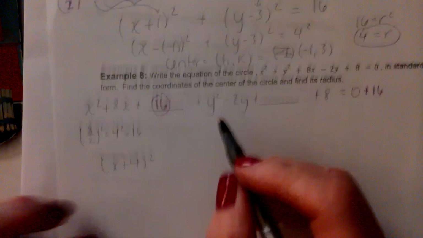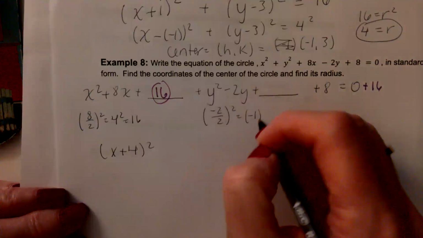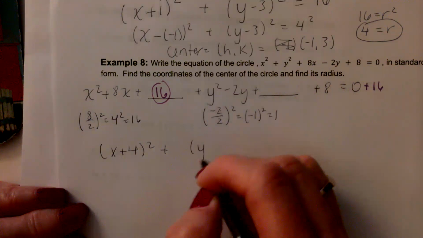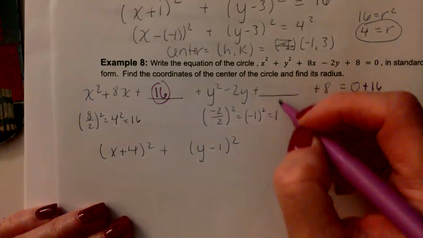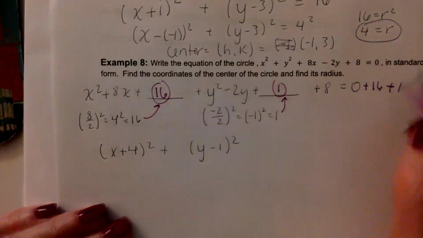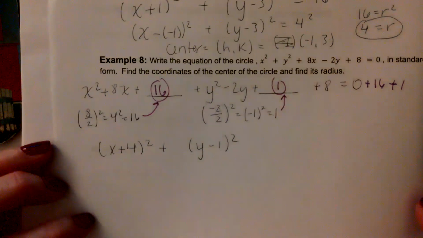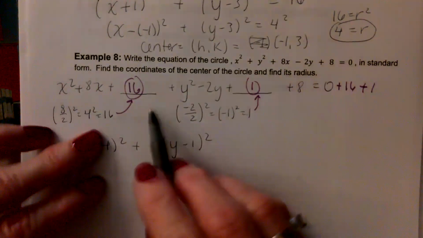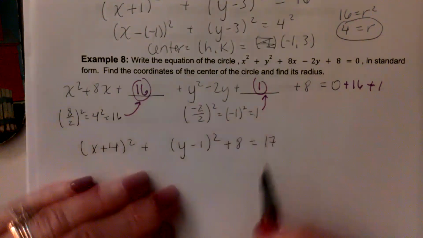And then I have to take my negative 2 and divide by 2 and square that. So that's a negative 1 squared, which is 1. So this is going to be plus my y's, y minus 1 squared. But I have to mark that I added 1. I added 16 and I added 1. So that means we have plus 8 equals 17.